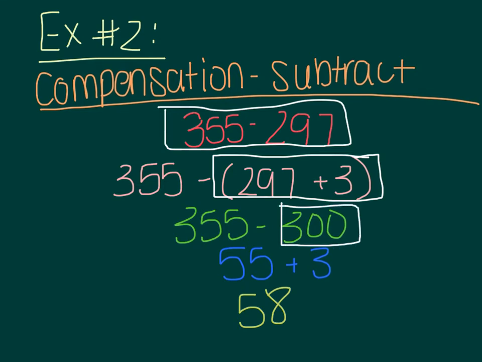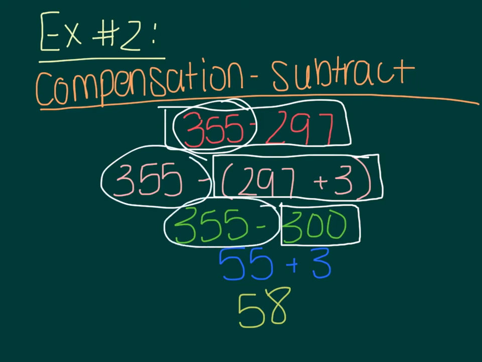Even number, very easy to do in our head. So again, we took 297, added 3 to make it 300. Okay, and then we have our second part of our problem. We just carried it right down, our other number right here, 355. We carried it down here, and we carried it again here.